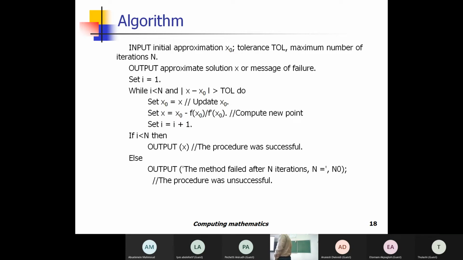If the number of iterations becomes greater than n, the method stops. So the main formula is very simple. Just apply, apply, and apply this formula.